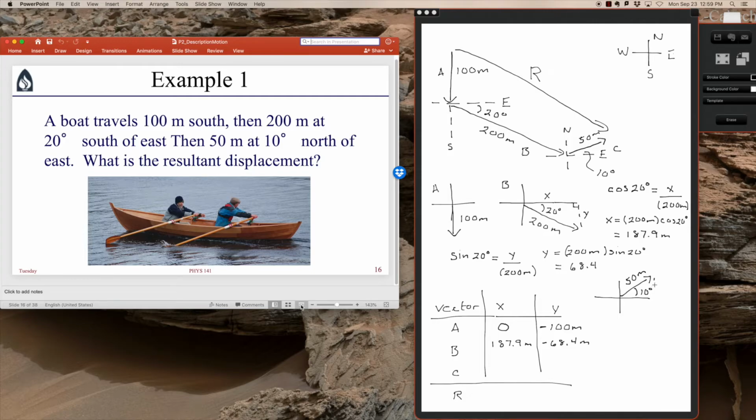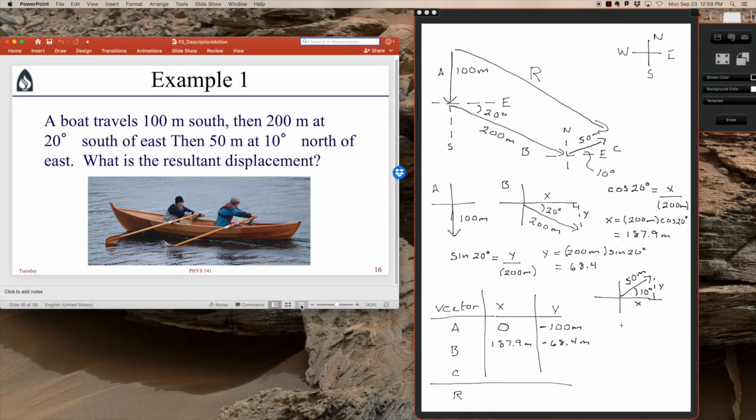So if I once again drop a line to the positive x-axis, I can see that this side is the x component of this vector, and this side is the y. And so once again, I can break the vector up into x and y components.